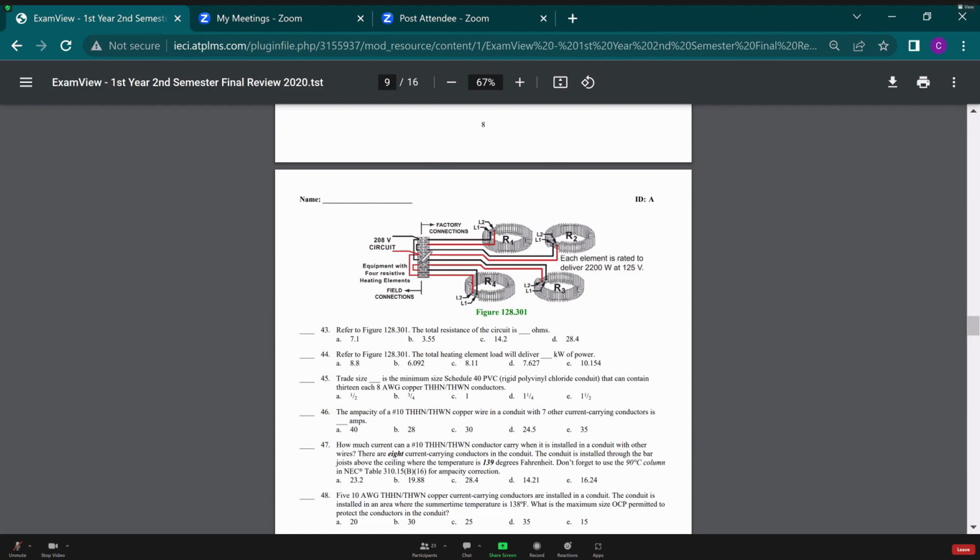Now, first, we have a whole bunch of wire spaghetti here. Wire spaghetti is never fun, and it's never helpful. So let's draw out this diagram in a ladder diagram format, make it easier to understand. I'm going to start with a power source. My power source is this 208 volt circuit.